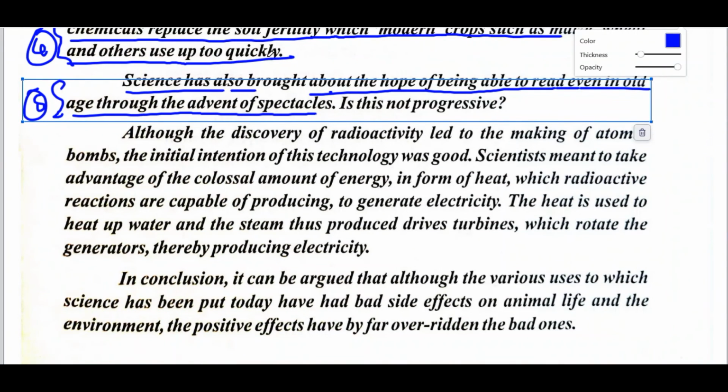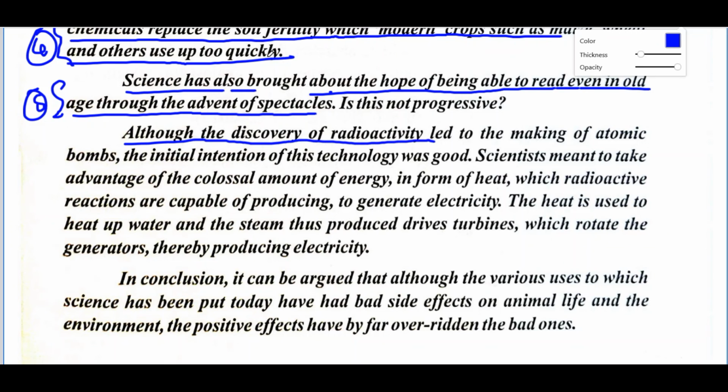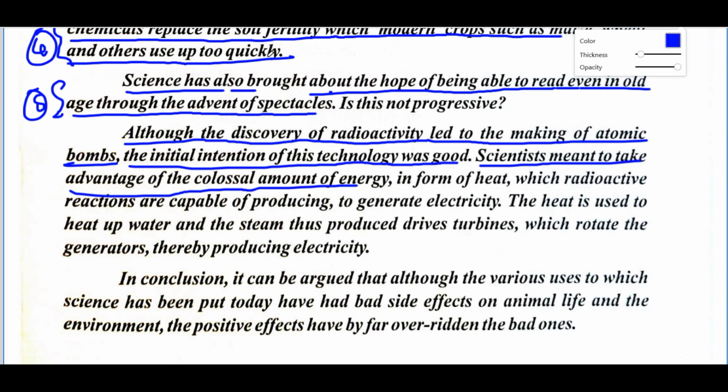Then we have another paragraph. Although the discovery of radioactivity led to the making of atomic bombs, the initial intention of this technology was good. Scientists meant to take advantage of the colossal amount of energy in the form of heat which radioactive reactions are capable of producing.